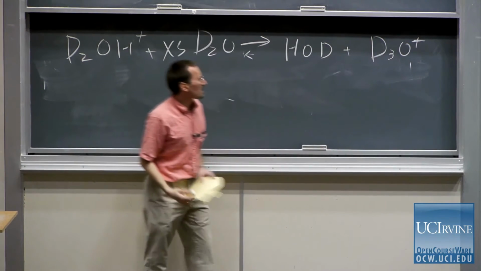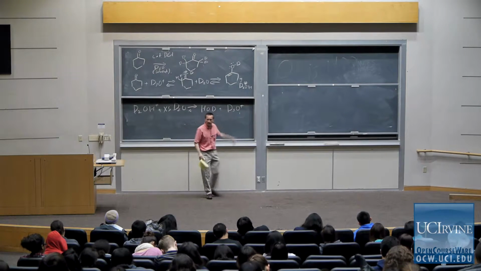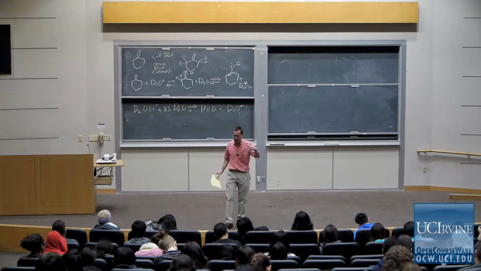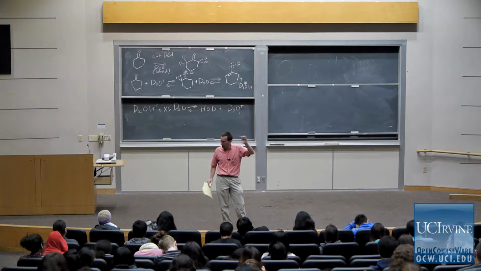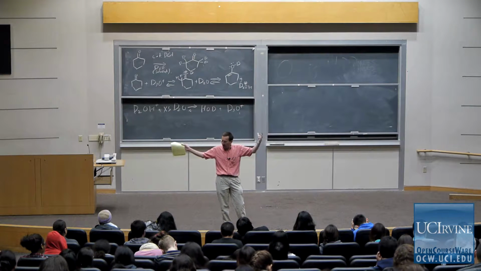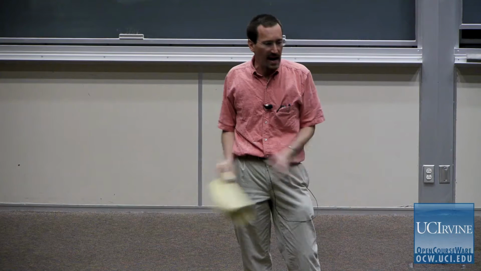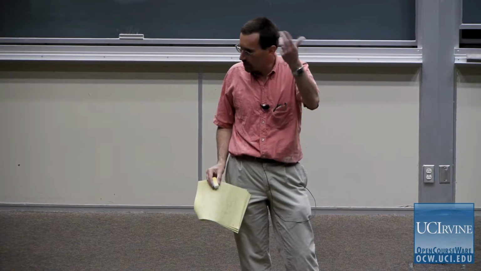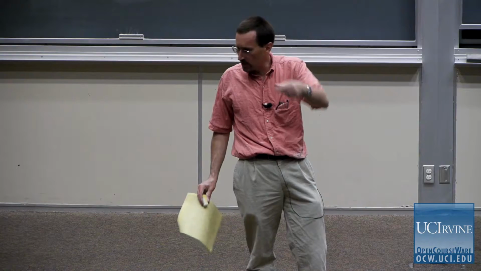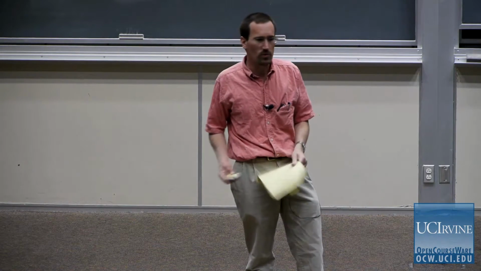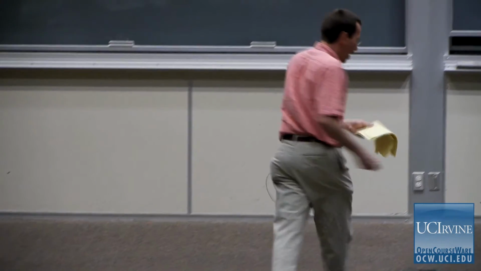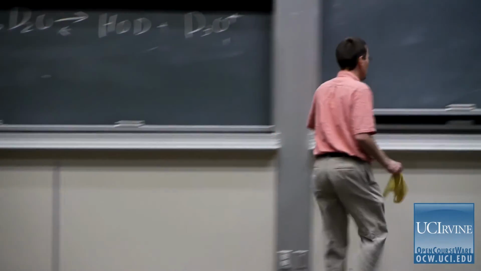Basically you've got tons and tons of D2O. Your protons just spread out to make little bits of HOD. If I do a reaction with 55 molar D2O and a tenth molar solution of ketone, as my protons go in, I get this little bit of HOD in this mass of D2O and D3O plus. All right, let's continue our mechanism here.